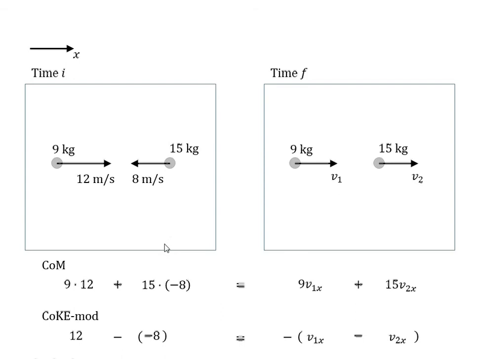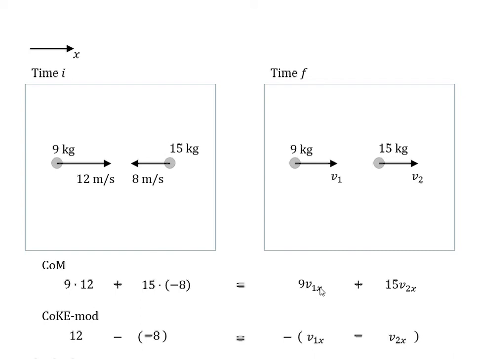We can go back down to the conservation of momentum and the KE modified equations and plug in. Here we have 9 kilograms times 12 meters per second plus the 15 kilograms times negative 8 meters per second. That velocity is to the left, in the negative direction, so we need to substitute in negative 8. It's going to equal 9 times the final velocity of object 1.